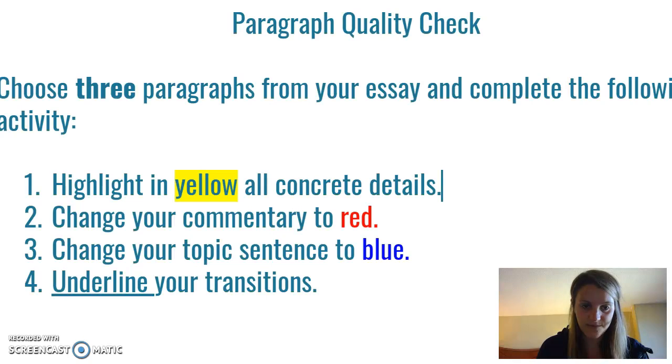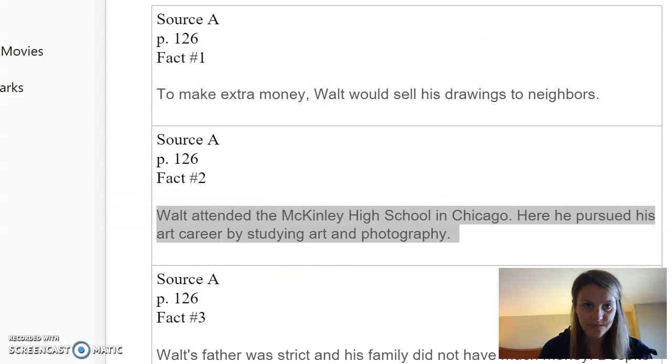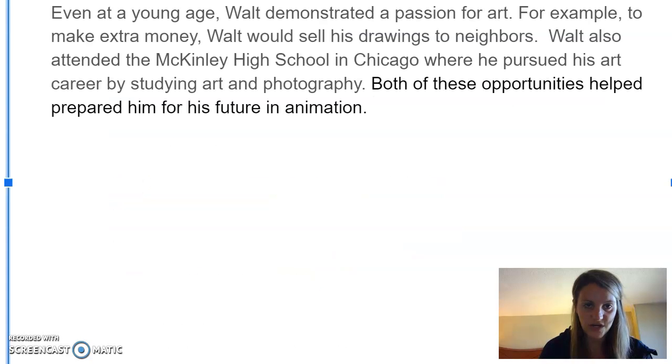So right here, we have the paragraph quality check, okay? You're going to choose 3 paragraphs of your paper. Probably the first 3, as you're just now getting into the rough draft writing. And the first thing you're going to do is highlight all concrete details. So let's come on back over here. And so my concrete details are those facts, those things I kind of just copy and pasted right out of the research.